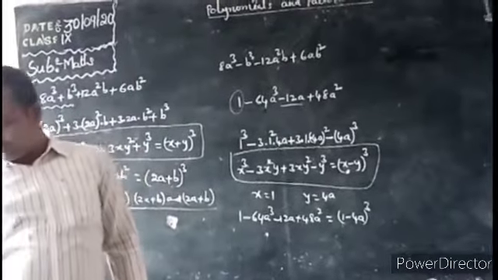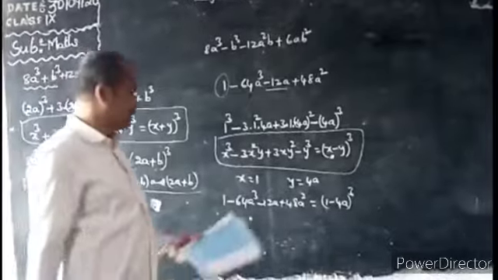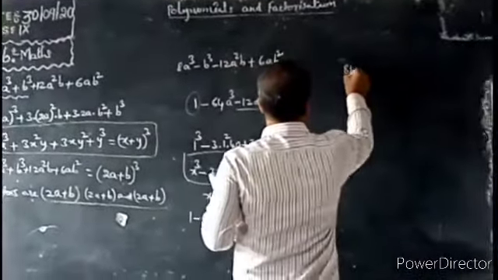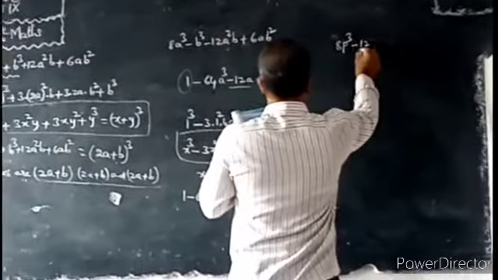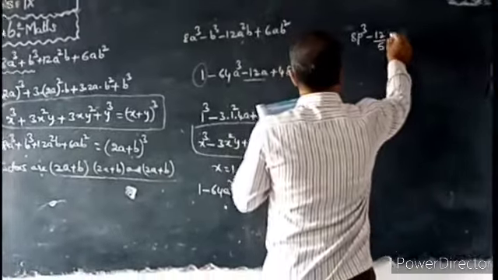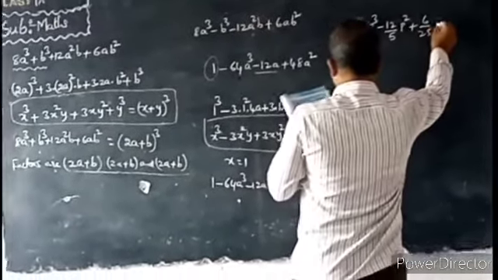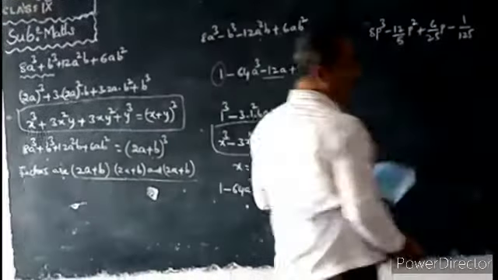In the same sense, next one, 8b cube. Here also it is the x minus y whole cube formula only. 8b cube minus 12 by 5 b square plus 6 by 25 b minus 1 by 125.